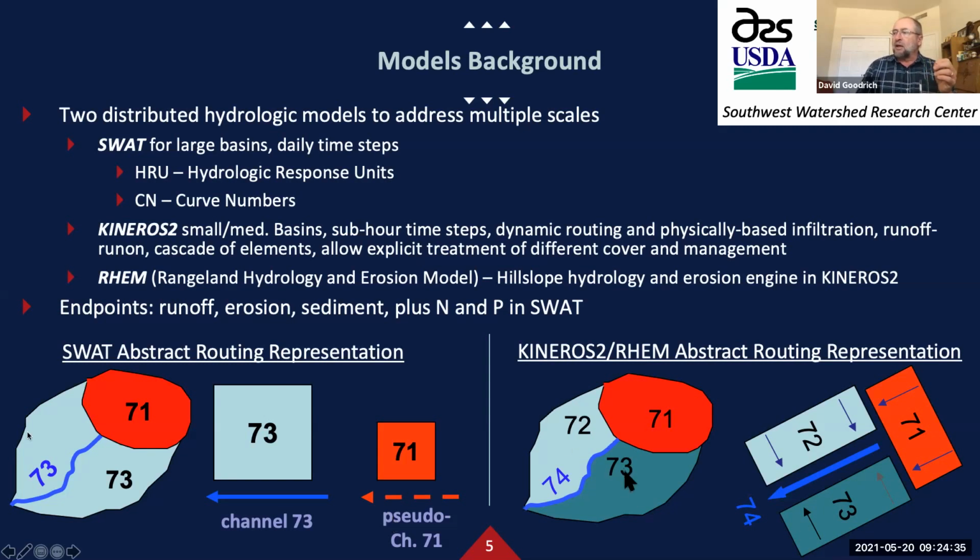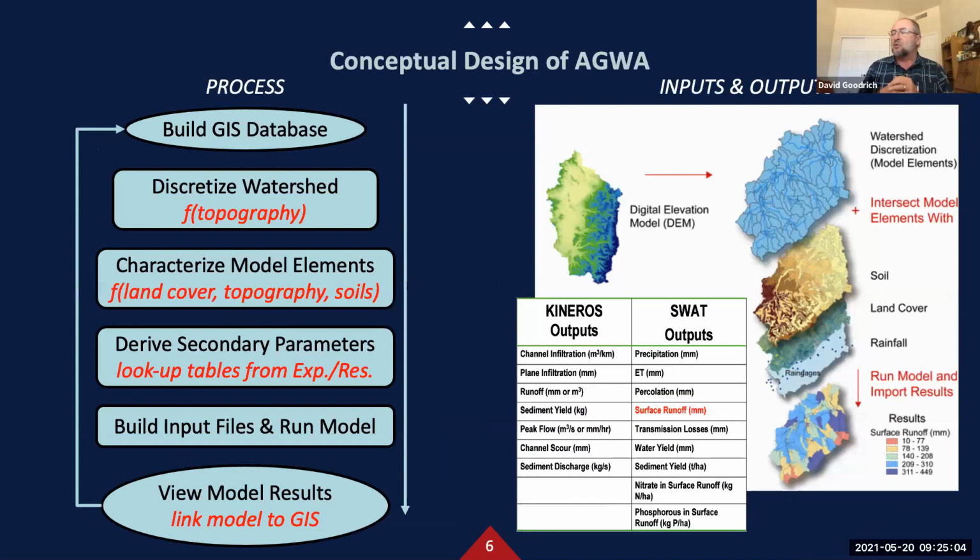KINEROS-RHEM, on the other hand, does make a distinction between different elements on one side of the channel or the other. And again, it has an upland element and lateral contributing elements on each side and channel elements. And there's other elements, we'll talk more about those in, again, subsequent presentations. So that's some of the differences in the way the models abstract a watershed. And our conceptual design is shown here.